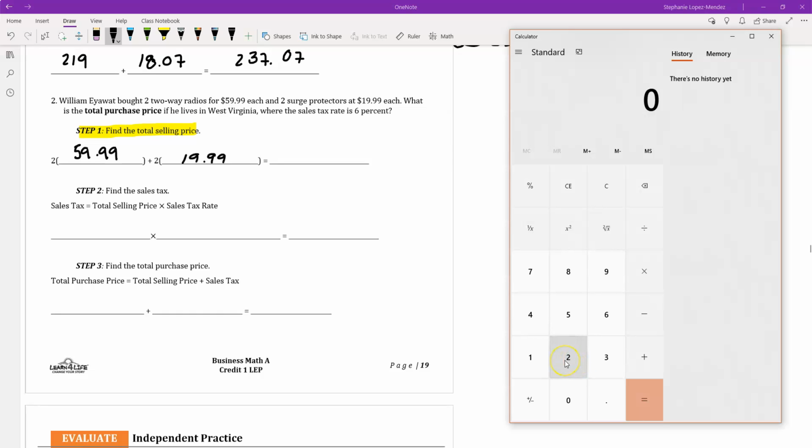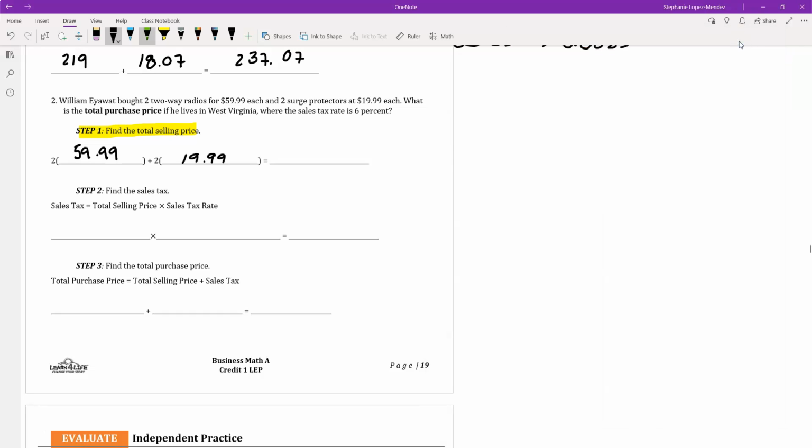So now I go to my calculator and I have to find how much those radios were. So I multiply 2 times $59.99. That's 119.98. So let me just write it down here so we know exactly how much it was.